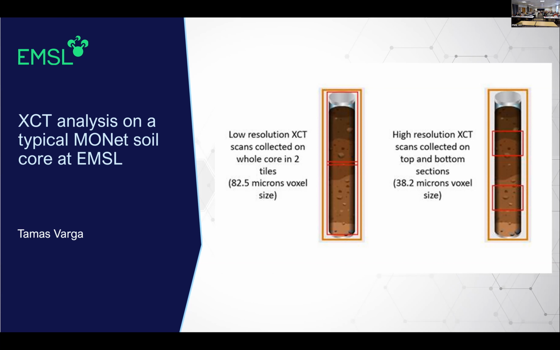But we made a compromise of not doing 4 or 5 scans, doubling the data and the time to acquire it. We just said that we're going to try to be representative in a way that we looked at the top and bottom half of the same soil core, and I can confirm that there are differences between those volumes. Not always, but sometimes significant. So it's a sampling issue.